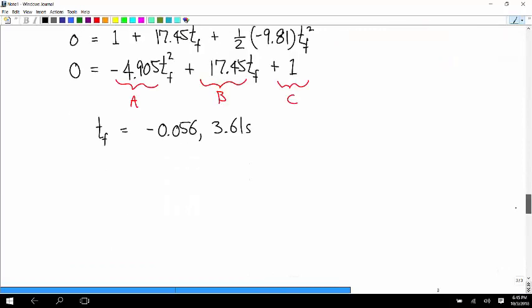Okay, so we don't want the negative time, we do want the positive time. And so instead of taking 0.455 seconds to hit the ground, it takes 3.61 seconds.